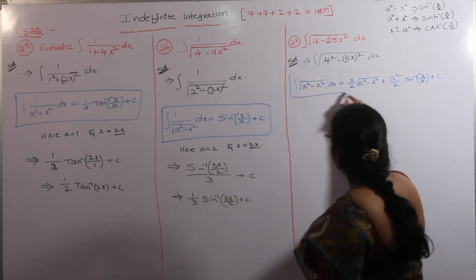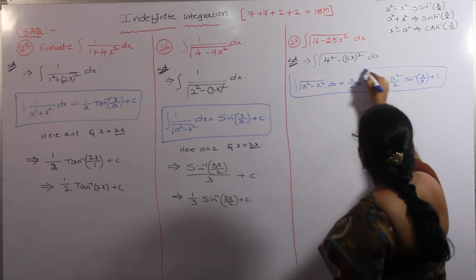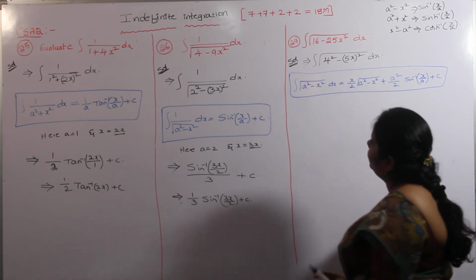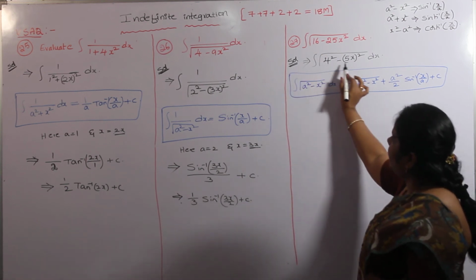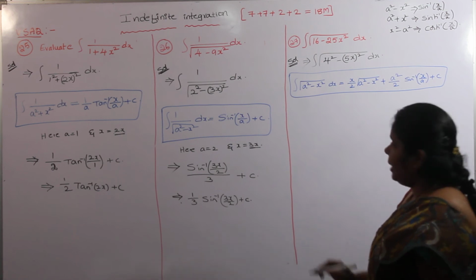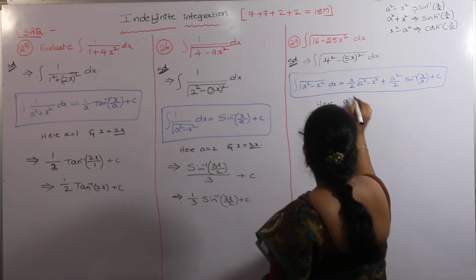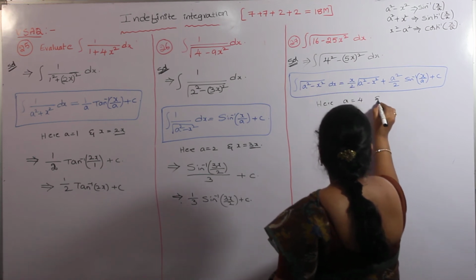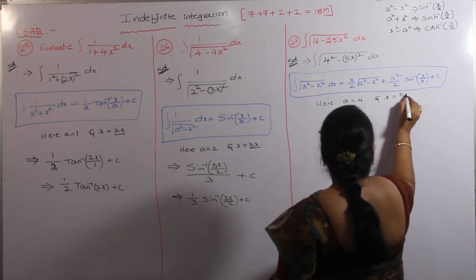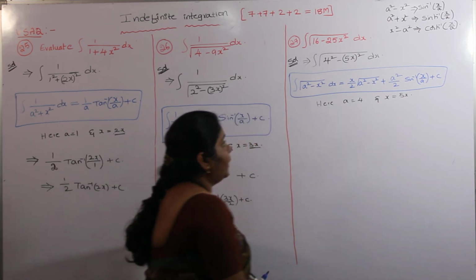We are applying this formula for this problem. This is in the form of root over a square minus x square. Here a is equal to 4 and x is equal to 5x only.